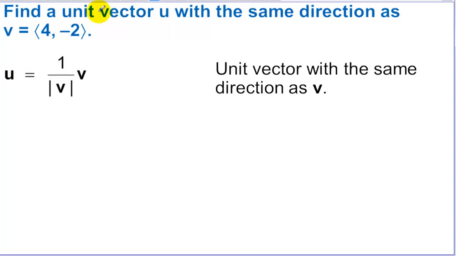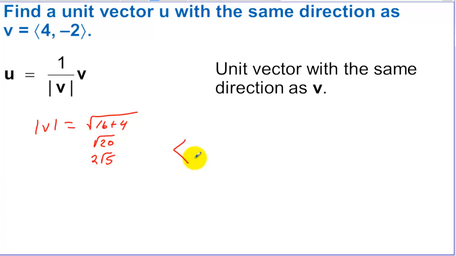Find a unit vector u with the same direction as v = ⟨4, negative 2⟩. To find the unit vector, or in other words, a vector with a length of 1 unit in the same direction as ⟨4, negative 2⟩, you take the vector and divide by the magnitude of the vector. So let's find the magnitude of v. Magnitude of v is the square root of 16 plus 4, square root of 20, so 2 square root of 5.